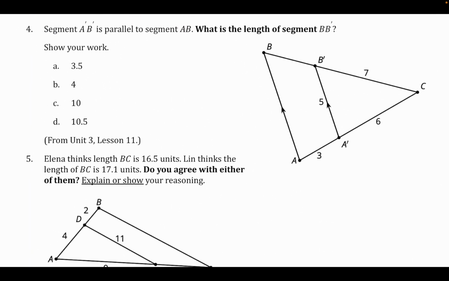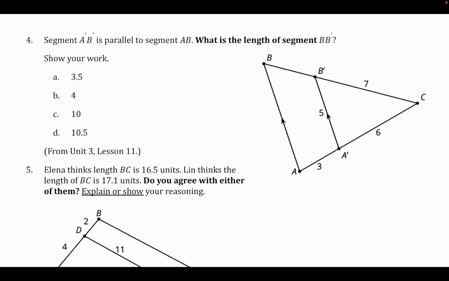We have this triangle, and we have segment A prime B prime is parallel to AB. So A prime B prime and AB, they have their parallel marks and everything. They want to know what is the length of segment B B prime. So B B prime, that is this one right here, just from one end of the segment to the other, not the entire length of a triangle here.